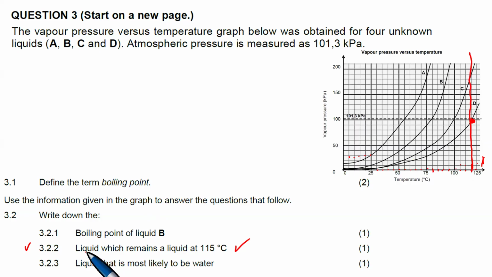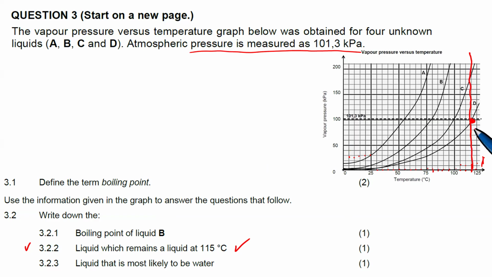Why are we saying that? Because atmospheric pressure is actually 101.3 kilopascals.